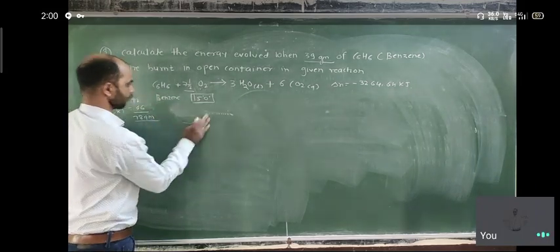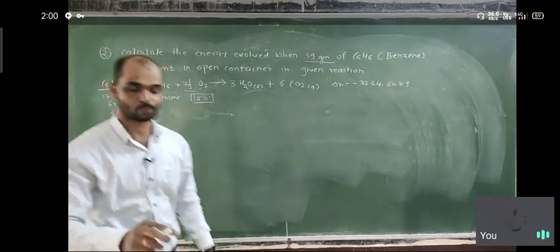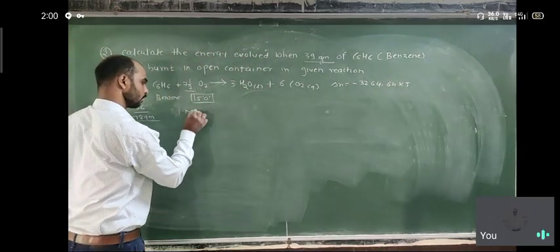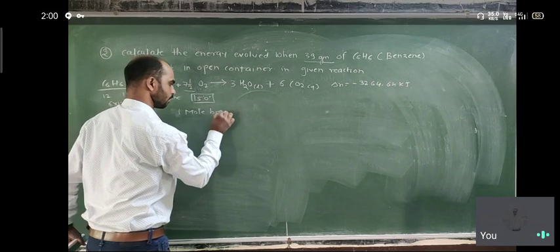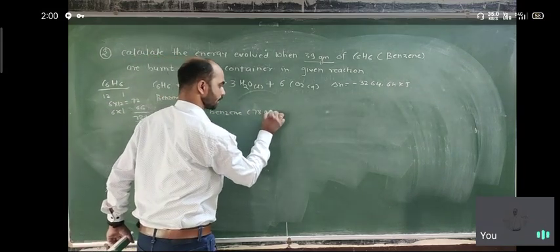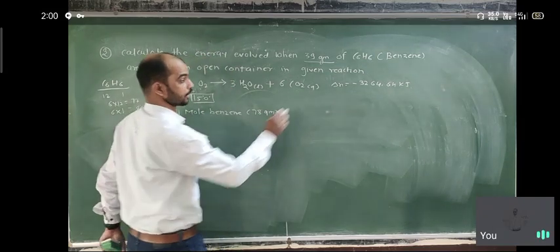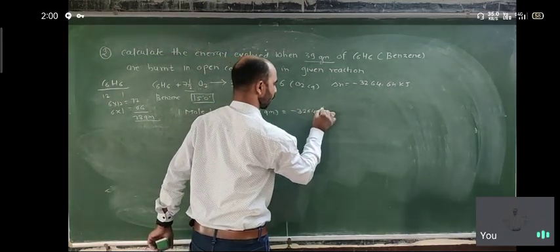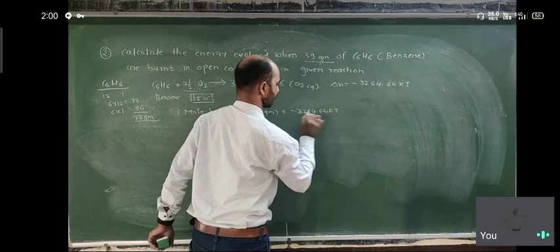So this reaction is given for 1 mole. That means 1 mole of benzene, which is 78 gram benzene, is equal to minus 3264.64 kilojoule of energy.